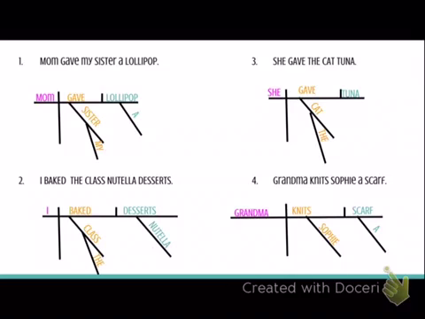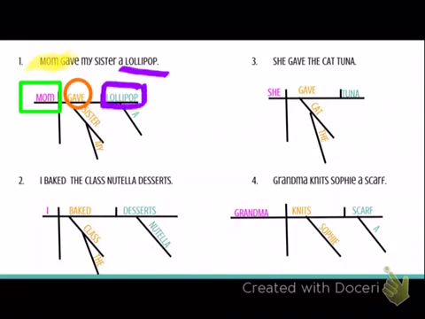Mom gave my sister a lollipop. So what's the verb? Gave. Who gave? Mom gave. What was given? What's a direct object? A lollipop. So lollipop would be the main direct object, and a will be describing lollipop because it's an article.